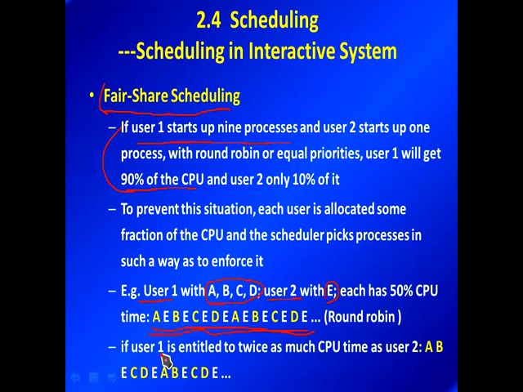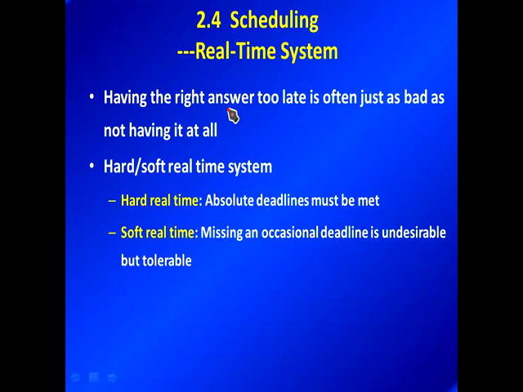You can allocate different shares to different users. Anyway, it's just details about fair share scheduling. We just need to know that fair share scheduling is about the fairness among users, but not fairness among processes, and that's enough.